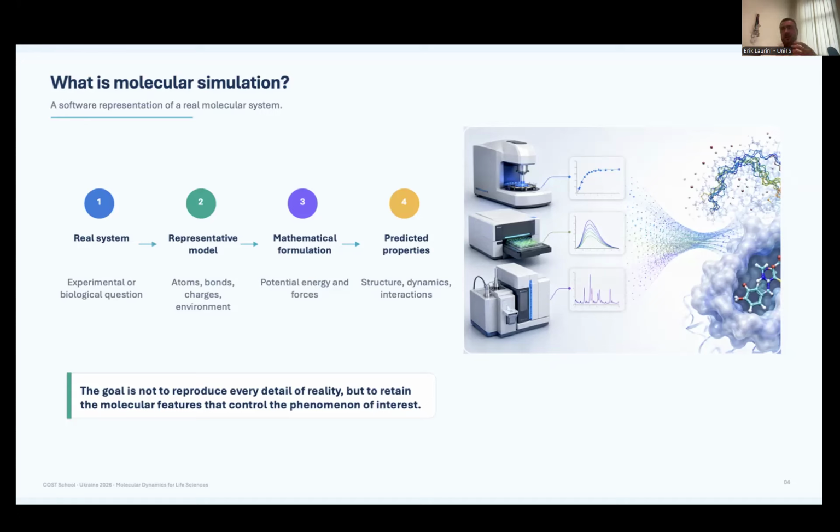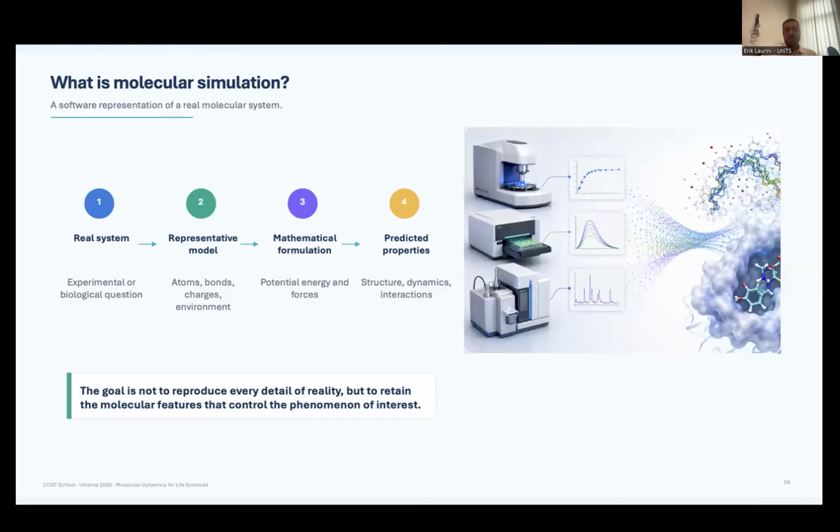So we have to define the architecture of our molecular system, and we have also to combine this representation with a mathematical formulation. So we have to find quantitative descriptors able to be managed by a software, a computational system.